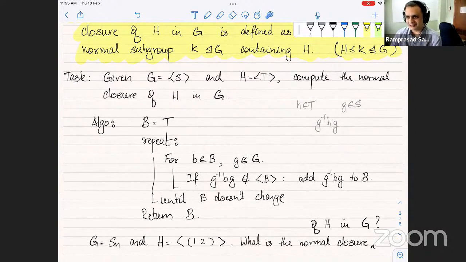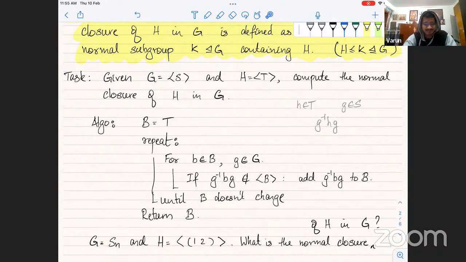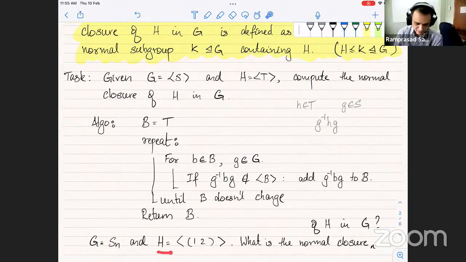And if you have a subgroup that contains all the transpositions, that group will certainly generate all of S. So the normal closure of H inside G is actually equal to G itself in this case. Once you close it, you get the whole group, even though to begin with H was tiny, with barely anything in it. Everything goes inside.